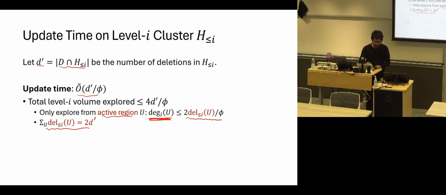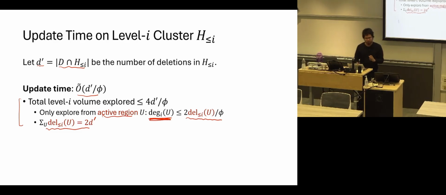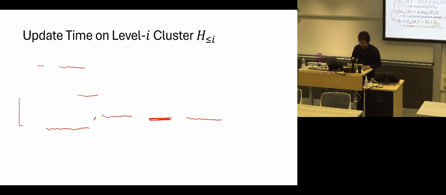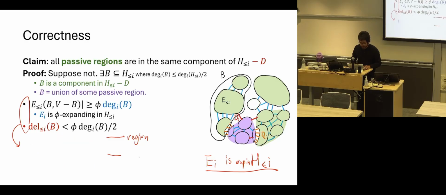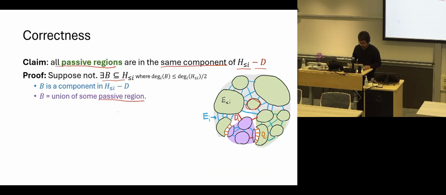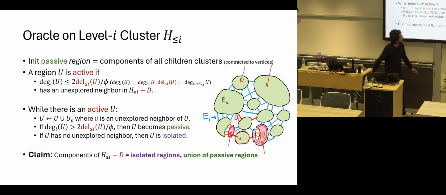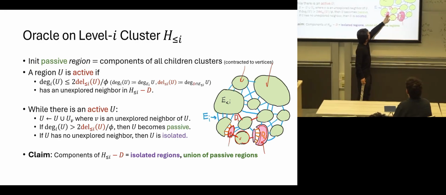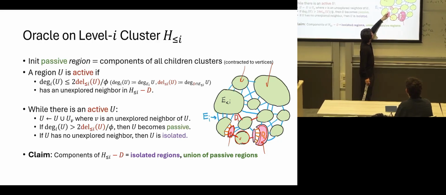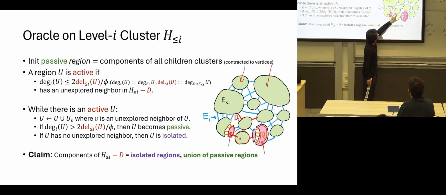This is true, but now the data structure part is actually a bit more complicated, though not too much. If you look at the algorithm, what I want to say is that the time that we spend is just proportional to the blue edges.